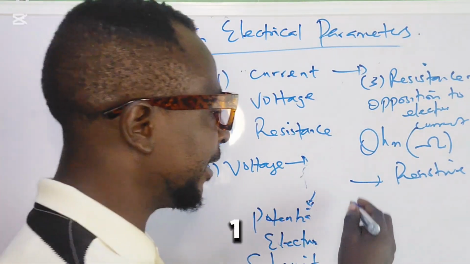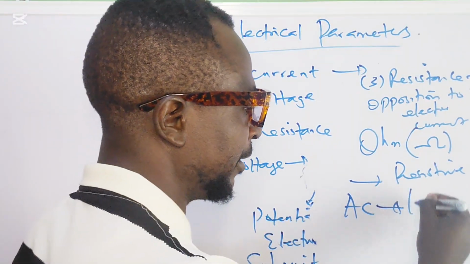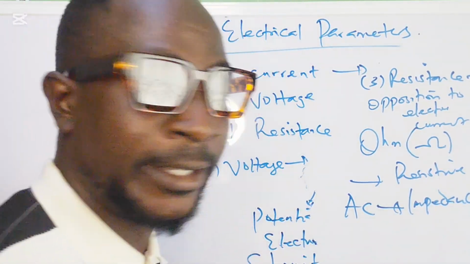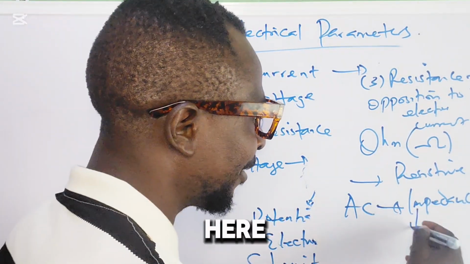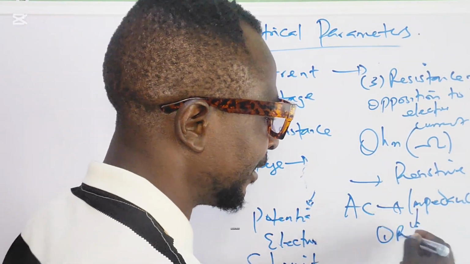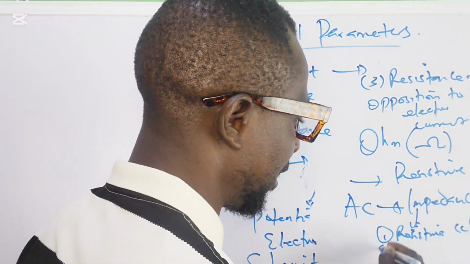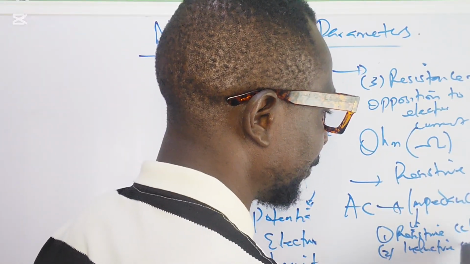Yet if we are dealing with an AC circuit, in an AC circuit, impedance replaces resistance. Impedance, because here we talk of resistive circuit. Here we talk of inductive circuit.